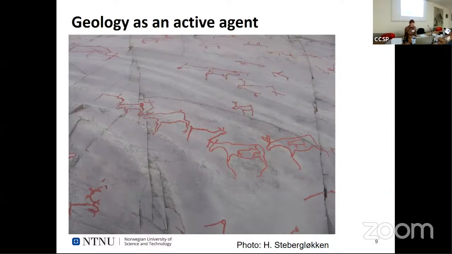Then back to this example, colors of the rock and the type of rock could possibly also play an important part of the narrative, like this panel in Alta. This is a phenomenon that was previously made known by researchers like Prehistoric. In dry weather, the stone appears gray and purple, like you can see on this image.